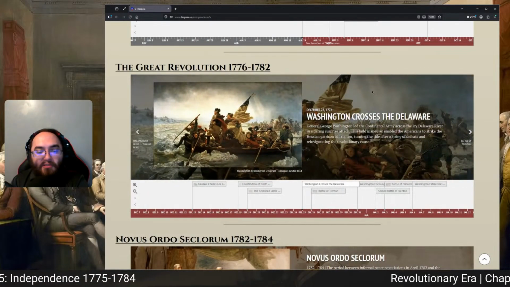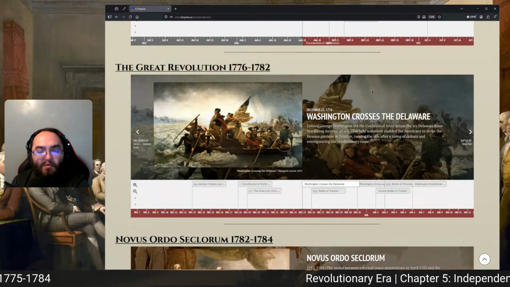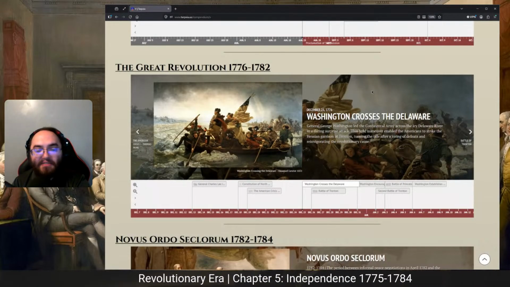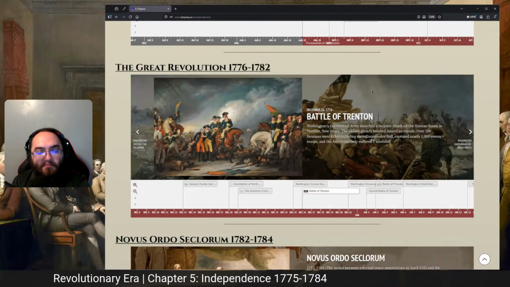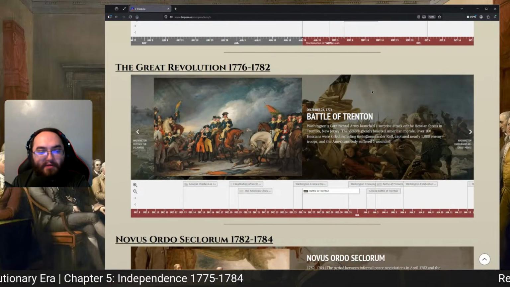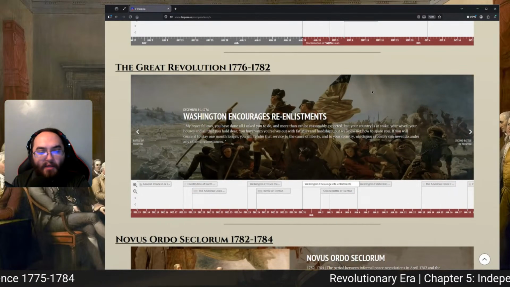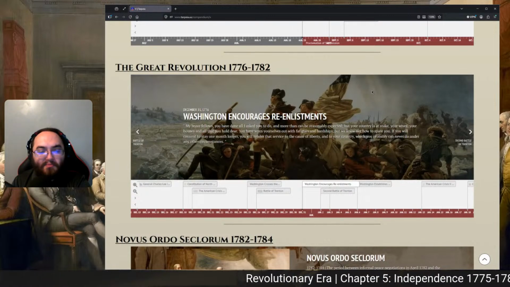And Washington will cross the Delaware on December 25th, 1776, and fight at the Battle of Trenton, defeating the Hessian forces there. Then Washington encourages reenlistments.